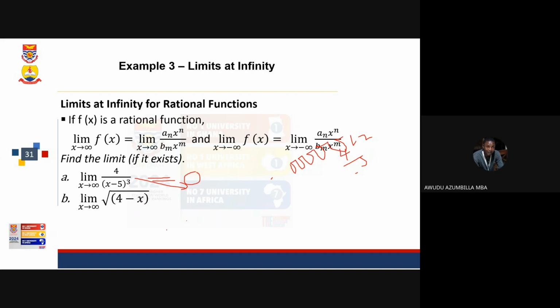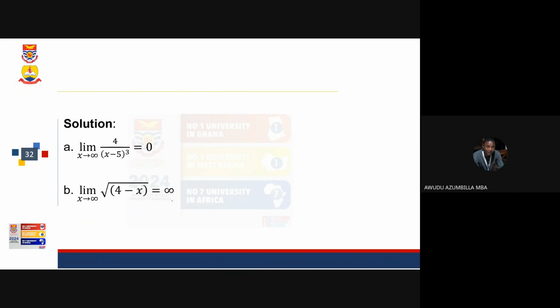Now, when you come to this one again, we are also saying that as x increases, this one becomes negative. It becomes negative infinite, or something that we cannot think about.